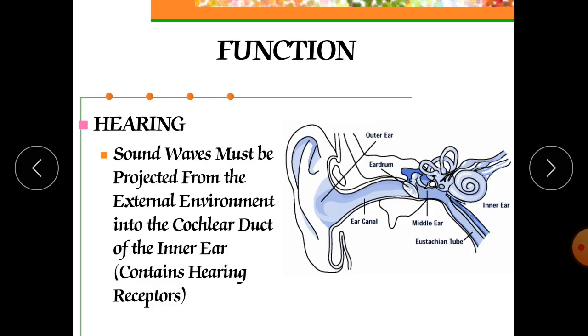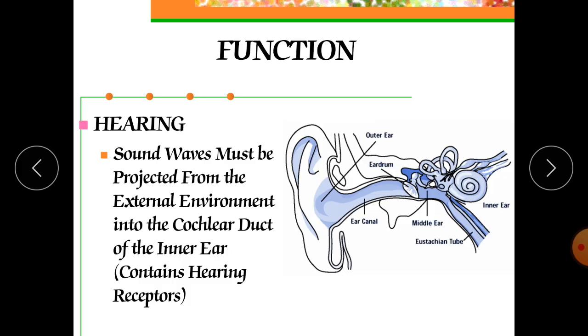also called dB. So if you see the decibels of sounds, for example rustling leaves have 15 decibels, at which we are able to hear them, and whispered speech is 30 decibels. Normal conversation, whatever we normally talk with our friends, is 60 decibels.